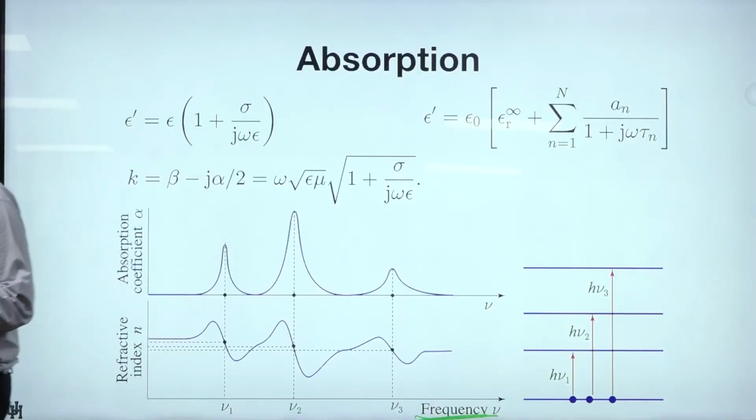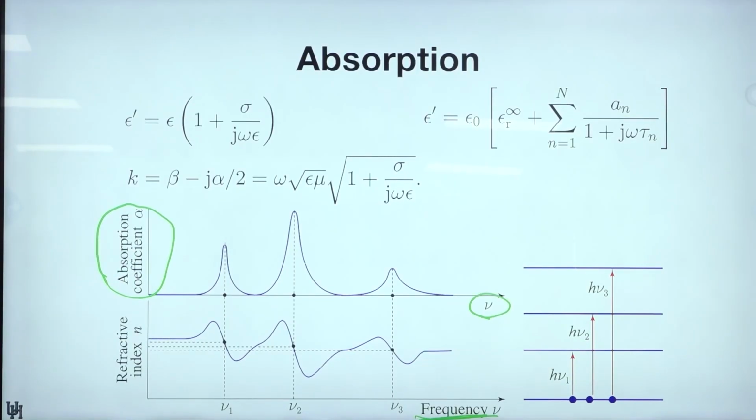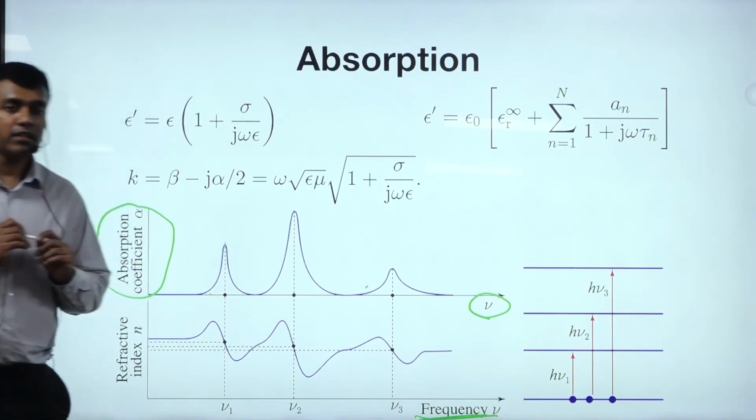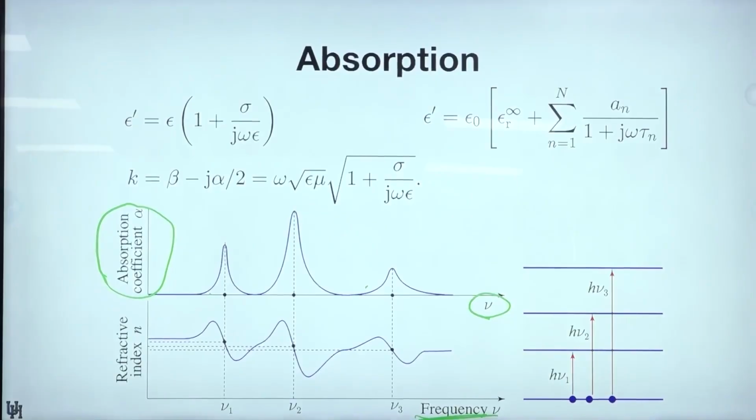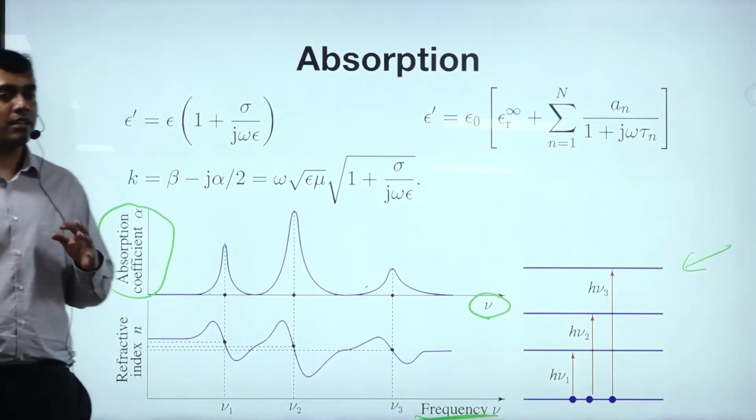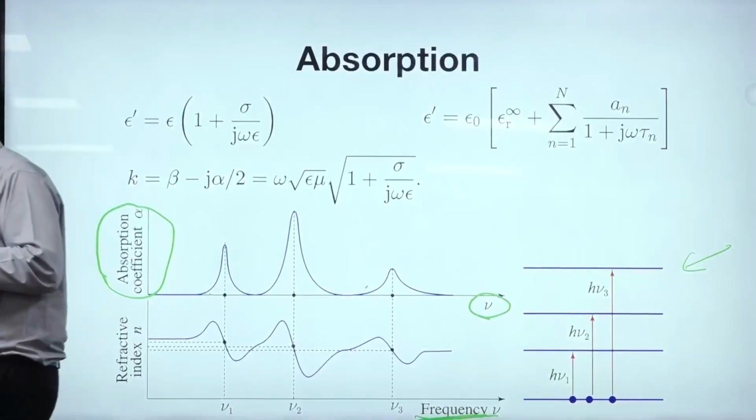So the absorption coefficient alpha as a function of frequency could have these kinds of absorption peaks. This could come about for various reasons. One reason is electronic transition. This brings us to the quantum nature of atoms, so this is getting to quantum optics, but not quite.